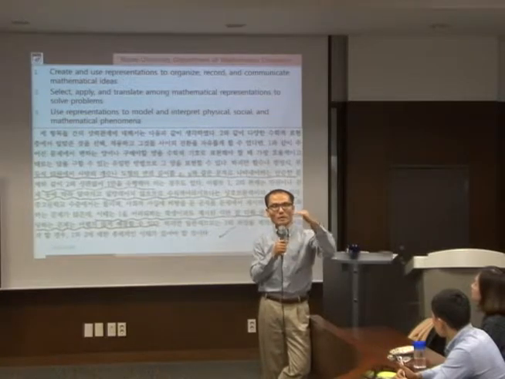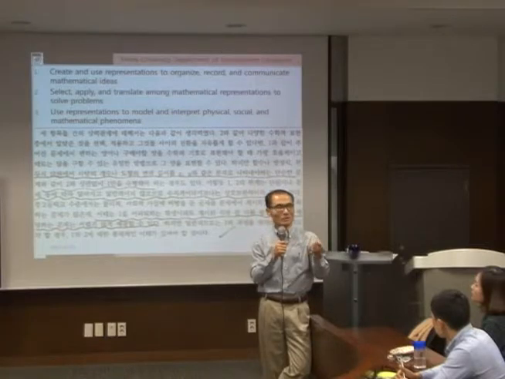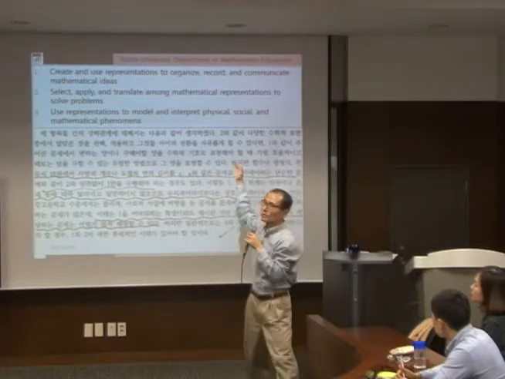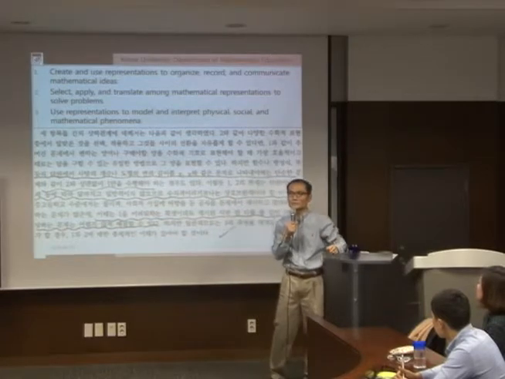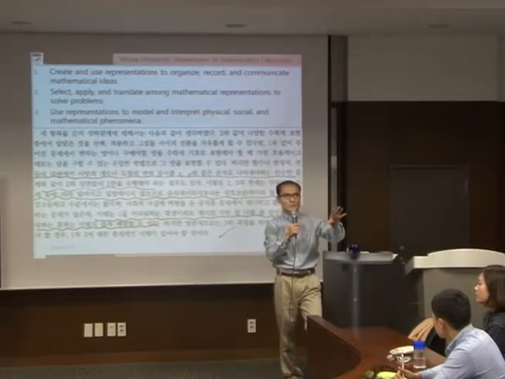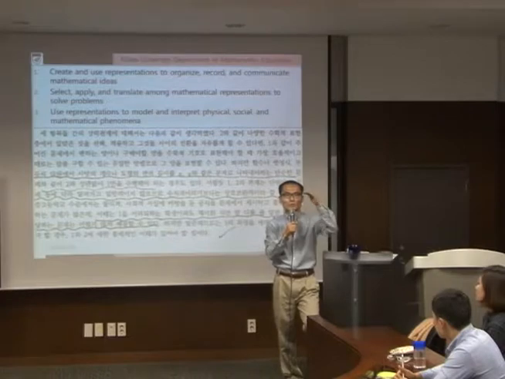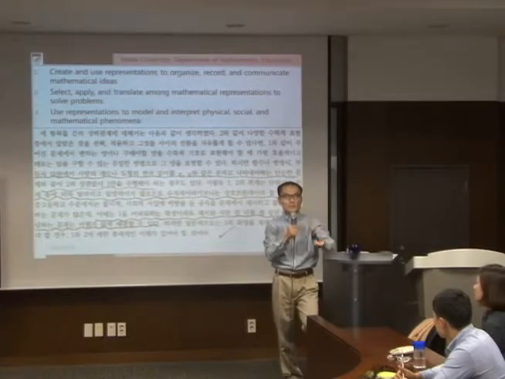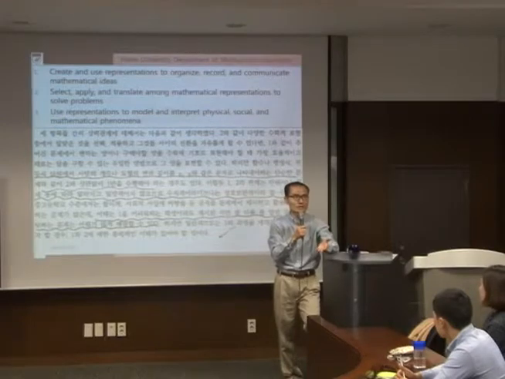When you develop any hierarchy, for instance, according to my understanding of the NCTM standard, this one is correct: 1, 2, 3, in terms of hierarchy, okay? Because that is the intention of the NCTM standard. Any statement, if you read the NCTM standard carefully, the order of the statement is intentionally expressed in that way. That makes sense?